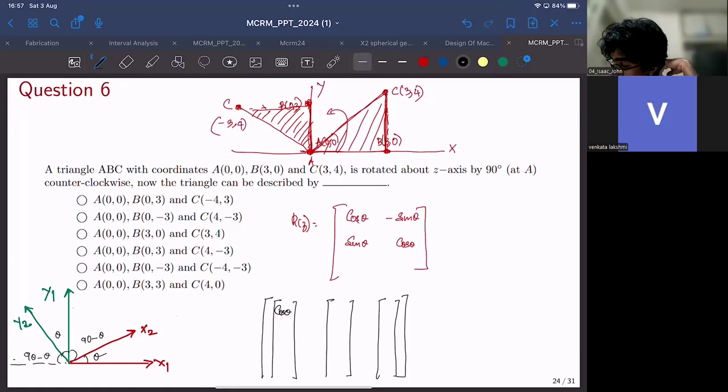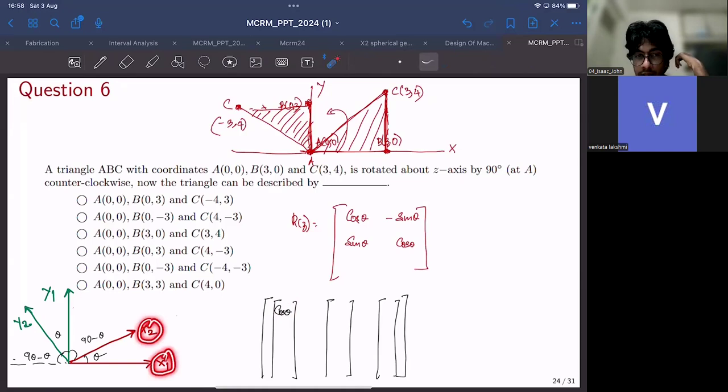So the first element here is the projection of x2 on x1, that is cos theta. The second entry is the projection of x2 on y1, this component, that is sine theta.